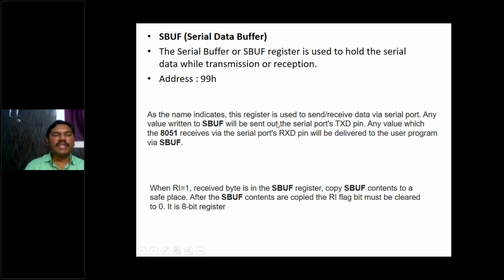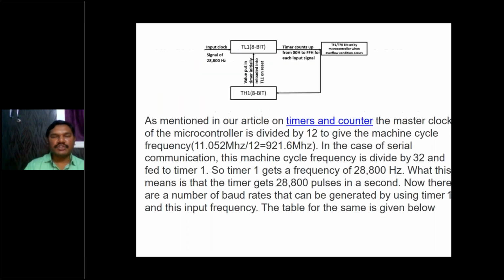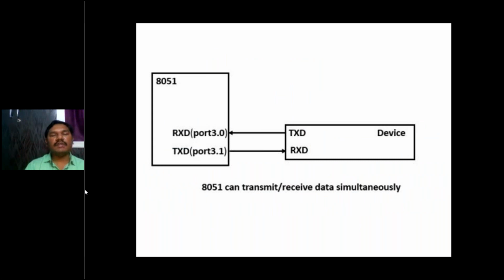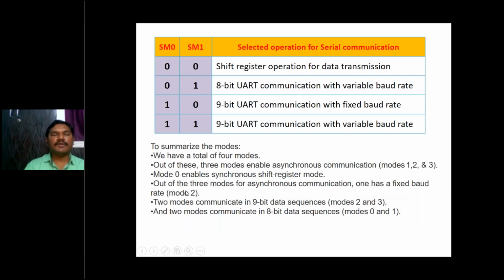Any value written to SBUF will be sent out the serial port's TXD pin. Any value which the 8051 receives via the serial port's RXD pin will be delivered to the user program via SBUF. So reception and transmission through the TXD pin and RXD pin, as I have shown in the diagrams, will not happen simply; it will be with the help of SBUF.